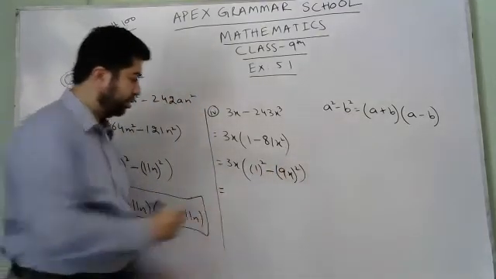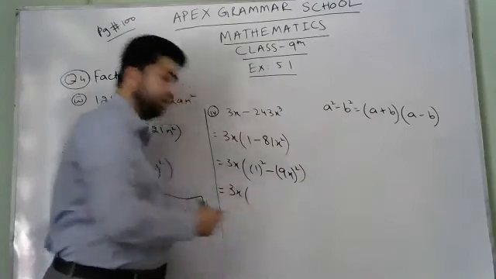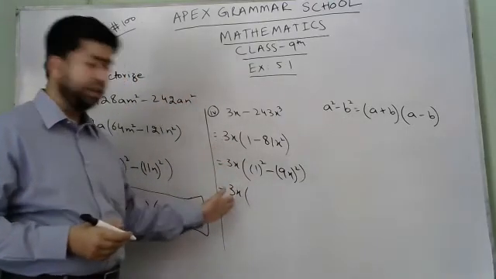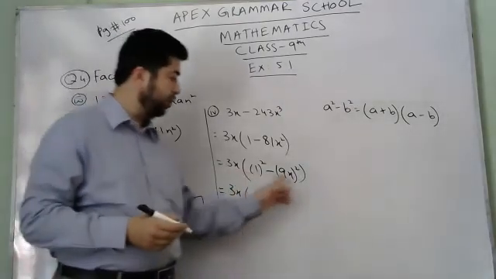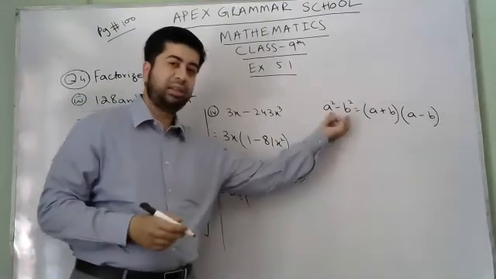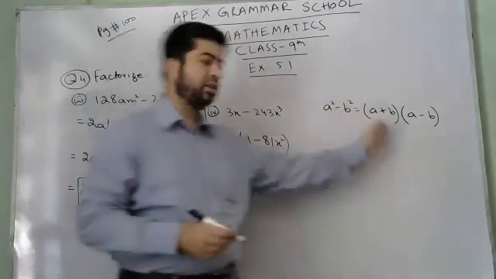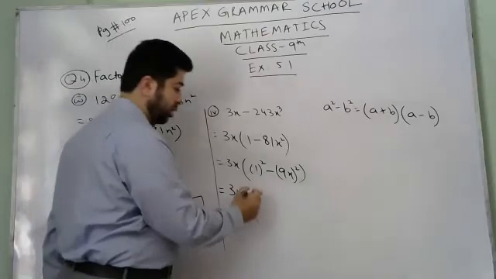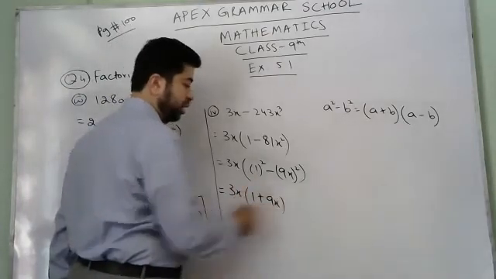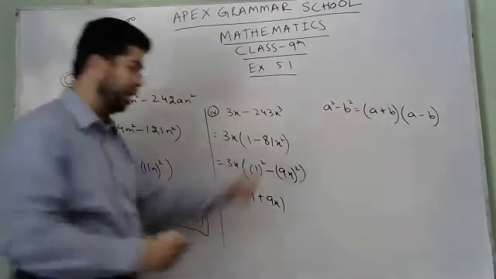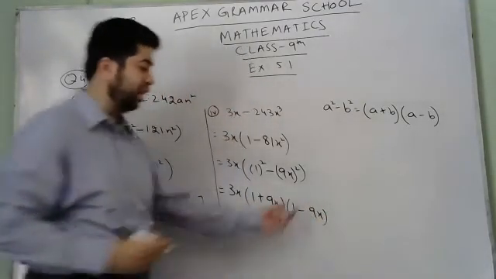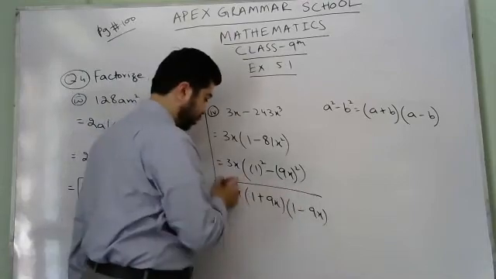So this 3x is common. So its position is this, and between two squares there is a negative sign just like this. So we can write it as a plus b into a minus b, or 1 plus 9x, this is a plus b, and then 1 minus 9x, this is a minus b, and that's it.